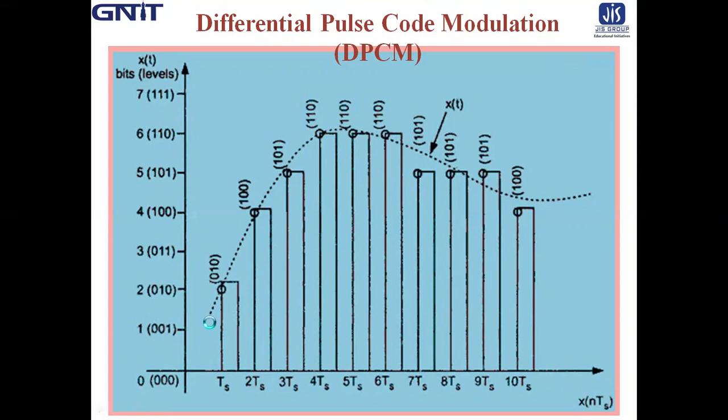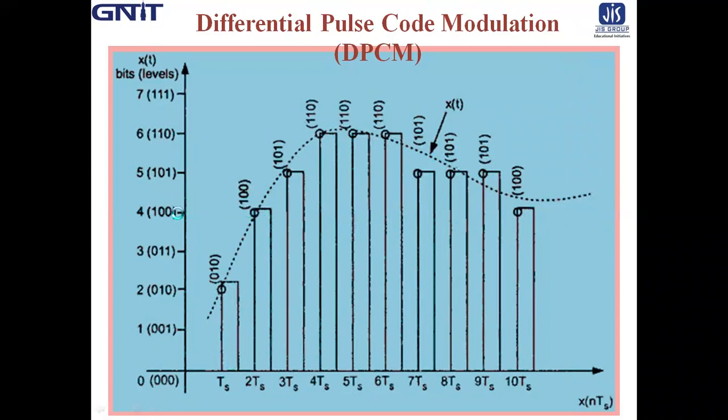Say in DPCM, the dotted signal is the analog signal. After that, following the principle of quantization, suppose these are the quantized values.